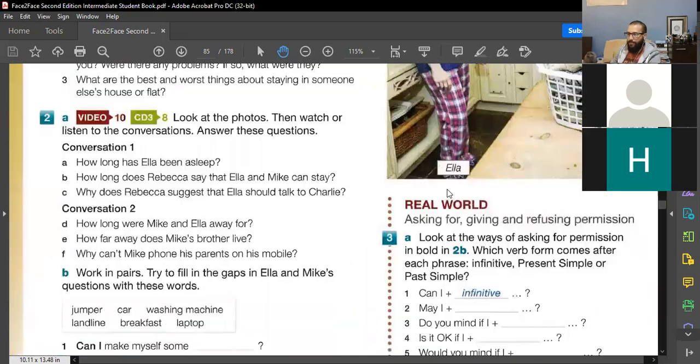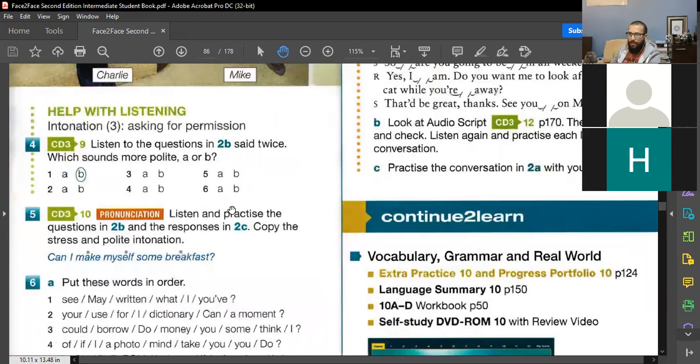Here it is. So in exercise number 4, I'm going to play the track. And remember, if you want to ask for permission, it's very important that your voice or your intonation sounds polite. So I'm going to play the track for you, and I want you to tell me which one is more polite.